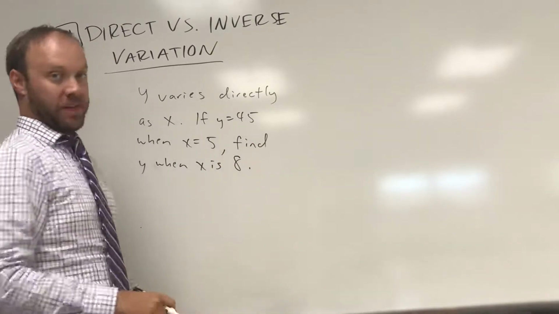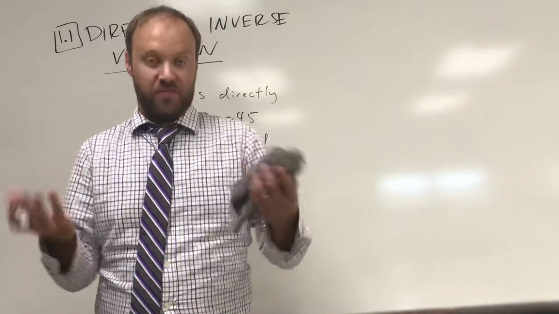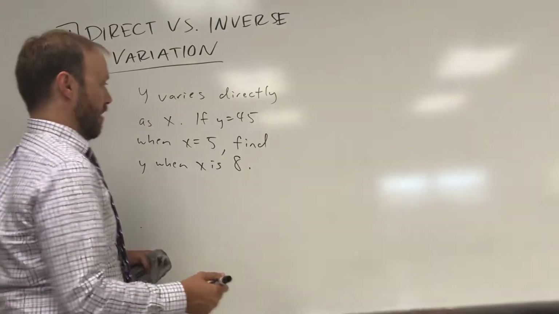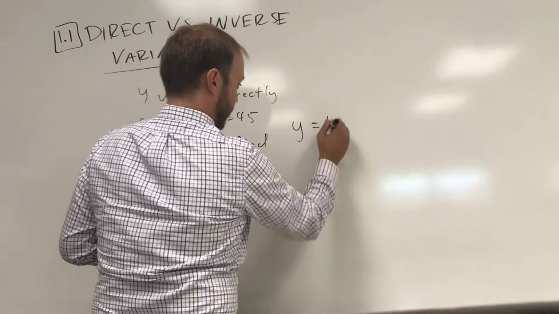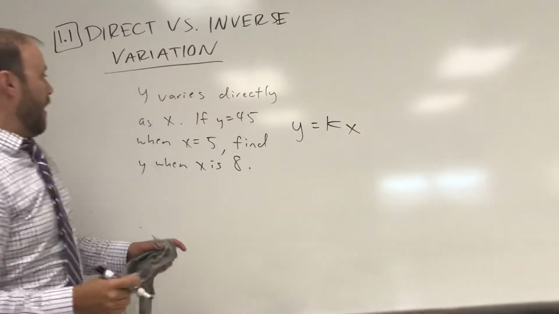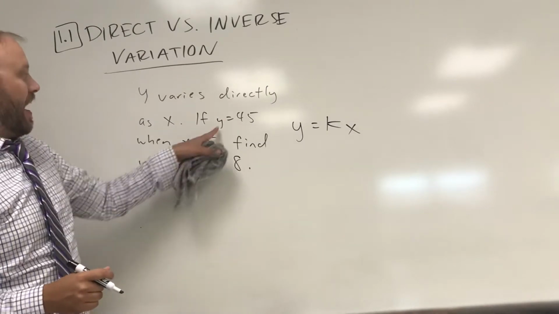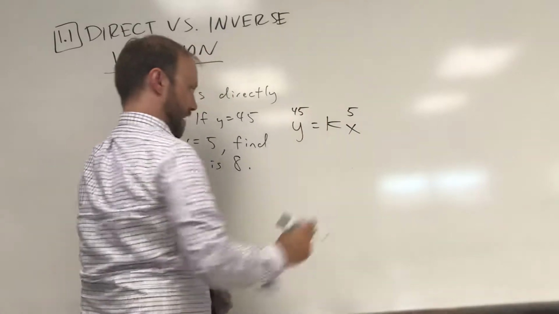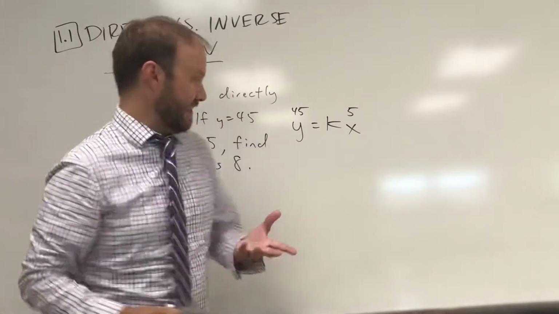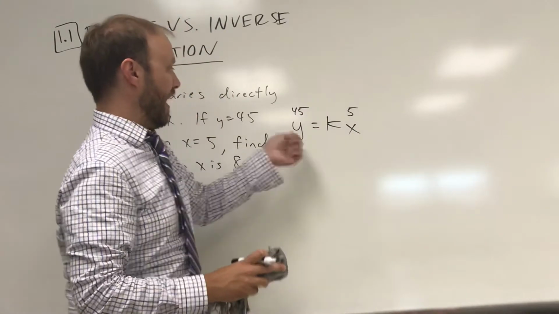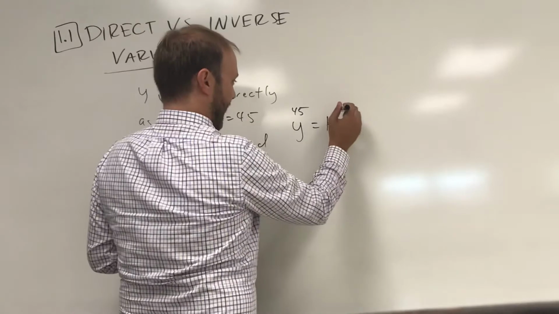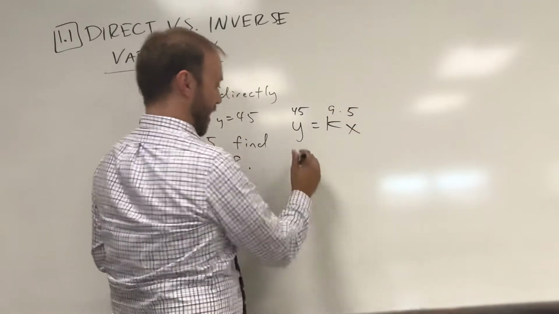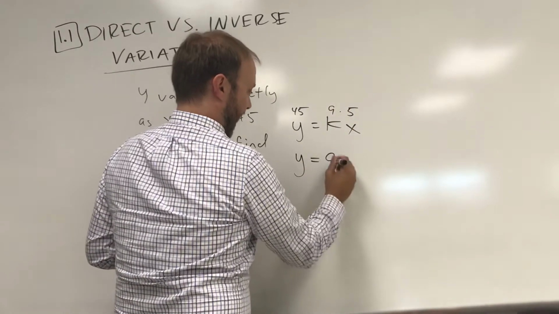And you can do this a couple of different ways. Number one, you can try to write the equation, okay? So I know I'm working with the equation y equals kx here. I know that when x is 5, y is 45. You may be able to look at this and tell pretty easily, oh, I'm multiplying by 9 each time, okay? So my k value here is going to be 9. So my equation is y equals 9x.